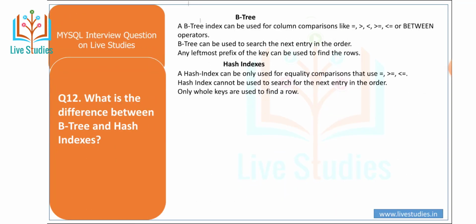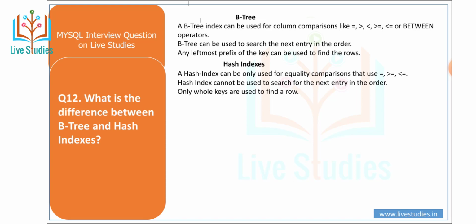Another question is, what is the difference between B-tree and hash indexes? A B-tree index can be used for column comparison like equal to, greater than, less than, greater than or equal to, less than or equal to, and between operators.